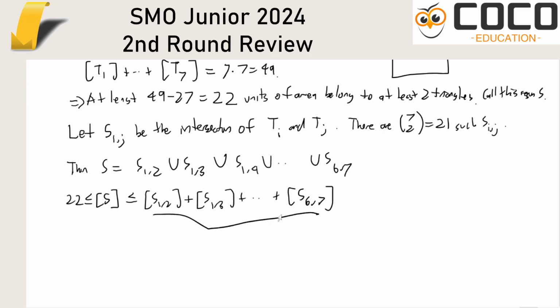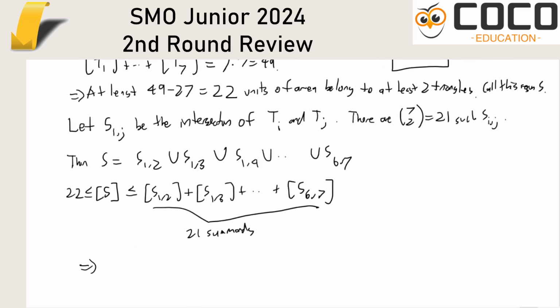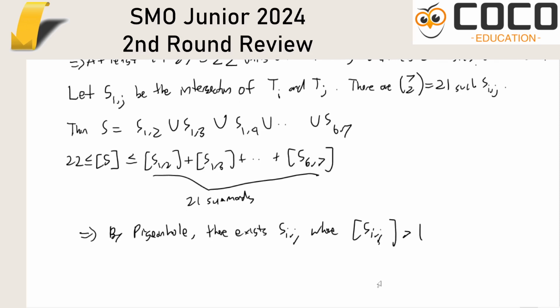Here there are 21 of them that are summing to 22, and so therefore there will be those that are at least going to have 1. You can say by pigeonhole. If you don't mention the word pigeonhole, I think it's fine. You can say it's clear. And so those triangles have an overlap of area greater than 1. Not S, Ti and Tj.